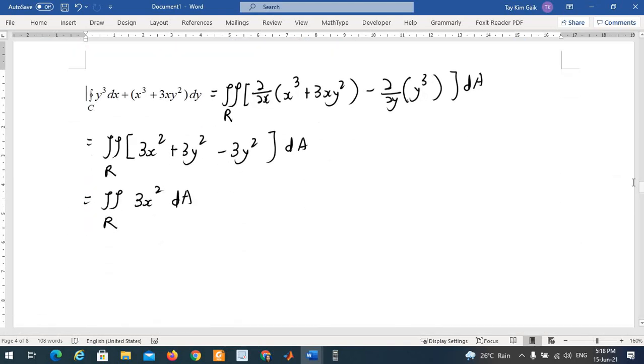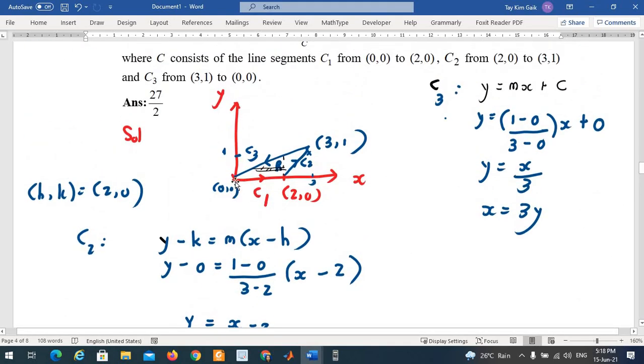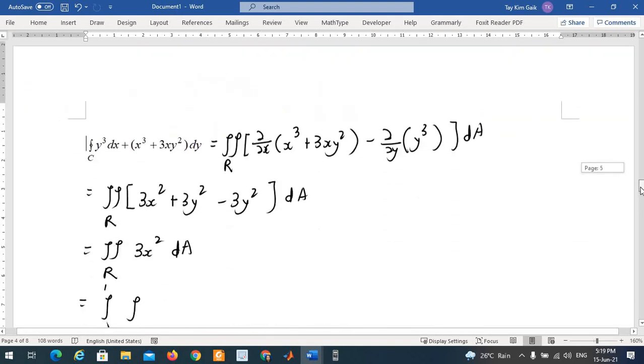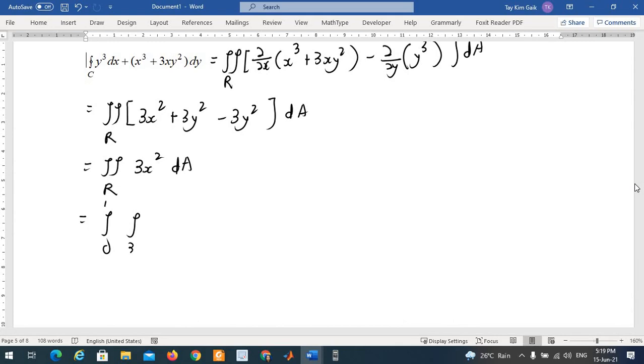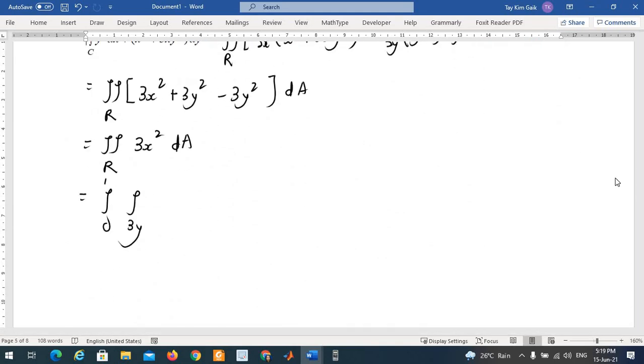Therefore, the limit of y is 0 up to 1. 3y is the lower limit. The upper limit is y plus 2, x equals y plus 2. 3x squared dx dy.